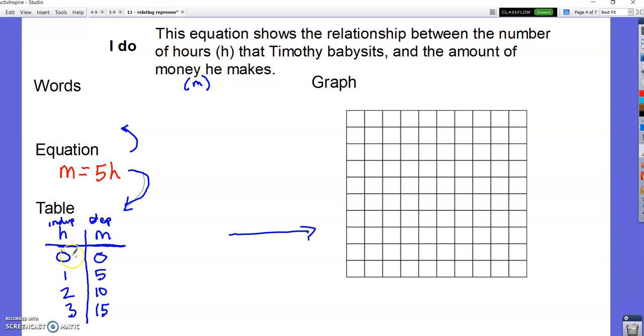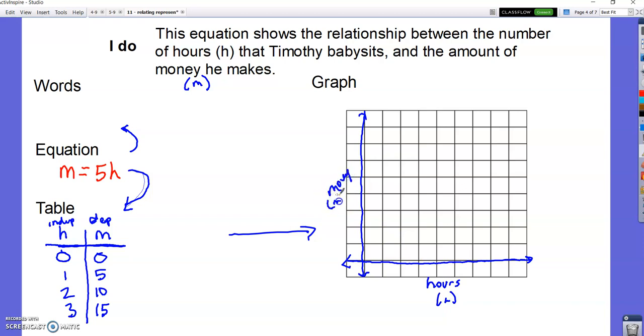Again, remember, independent variables, they go on the left in your table, and they go on the horizontal axis on your graph. So as I make my axes, I put my independent variable horizontally. That is hours babysat. And this is money earned.